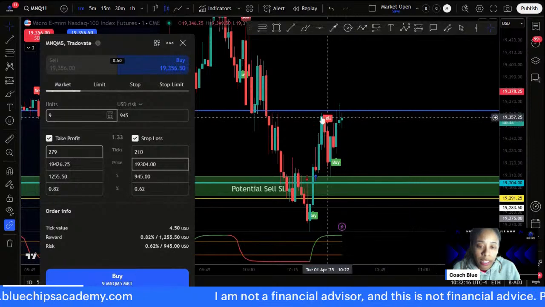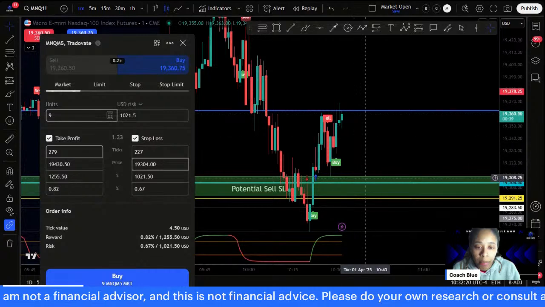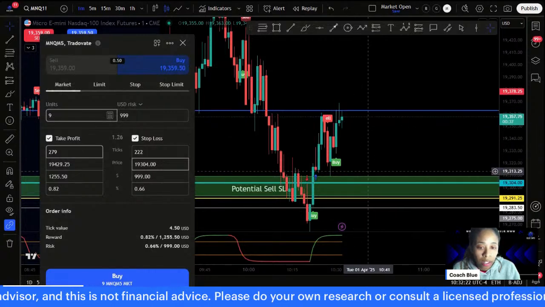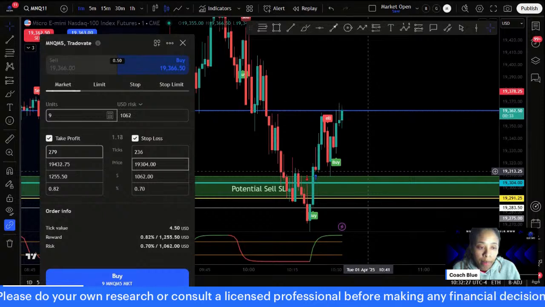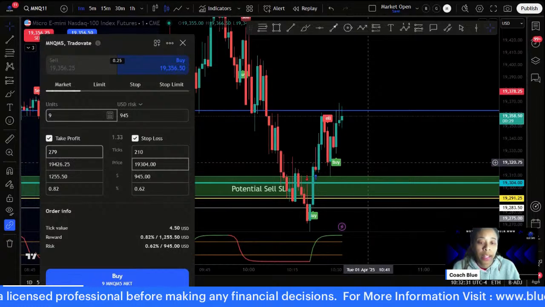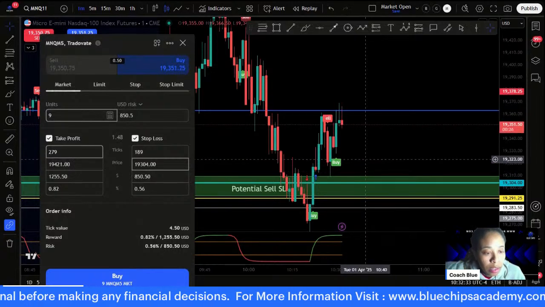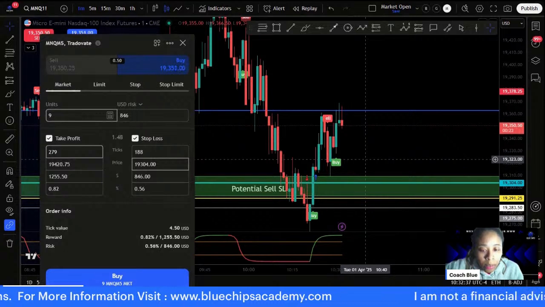Because if we get rejected, already rejected once here, if it rejects twice, then the bulls aren't as strong as we would assume. Not bad. Still has to break though. Has to close above, guys.